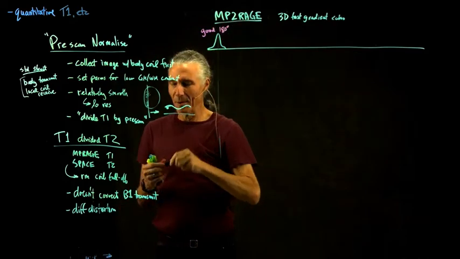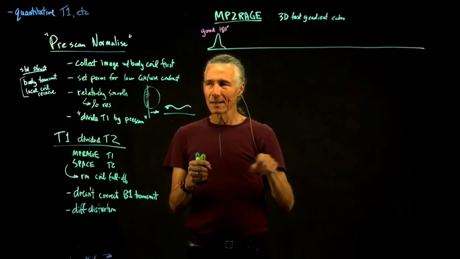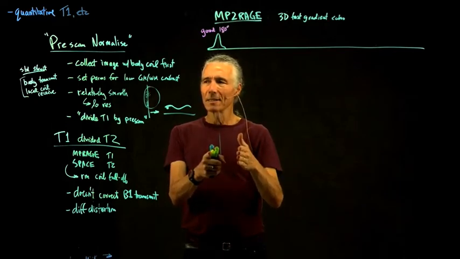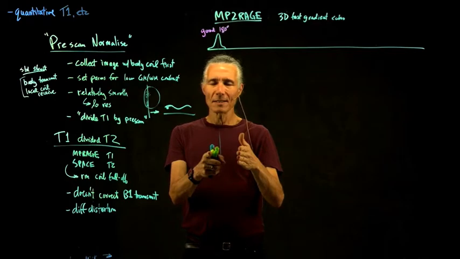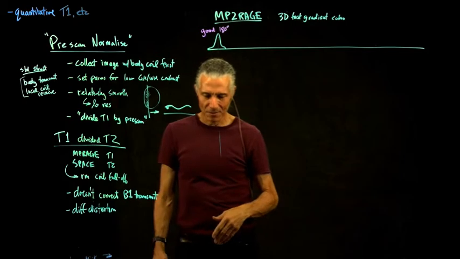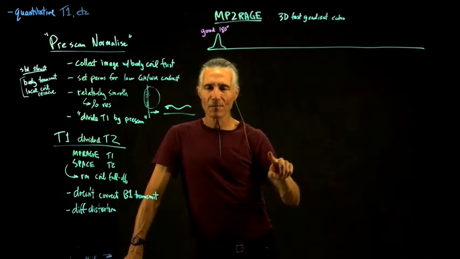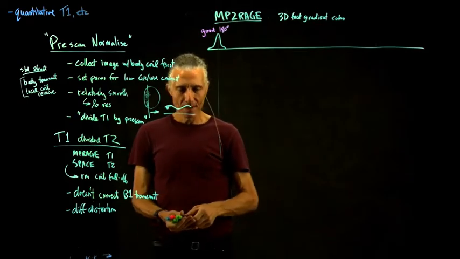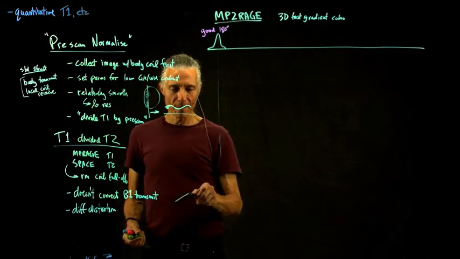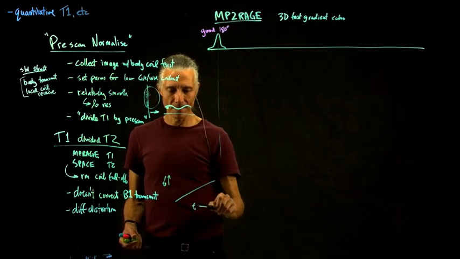So the adiabatic pulse, instead of doing something like a sync function that emits a narrow range of frequencies, is actually much simpler, and it goes way back. You just transmit a single frequency and just slowly ramp the frequency of the transmitter. So over time, you just ramp the frequency of the transmitter like this. This is time.